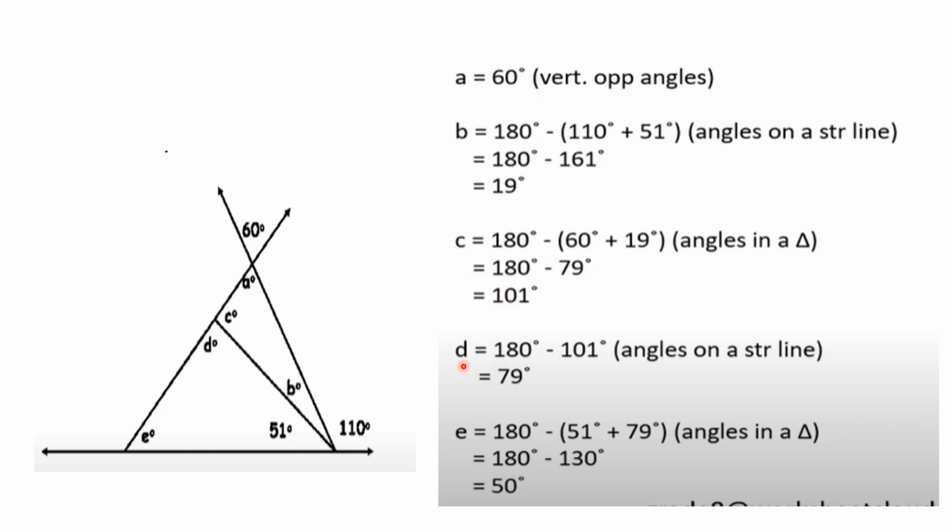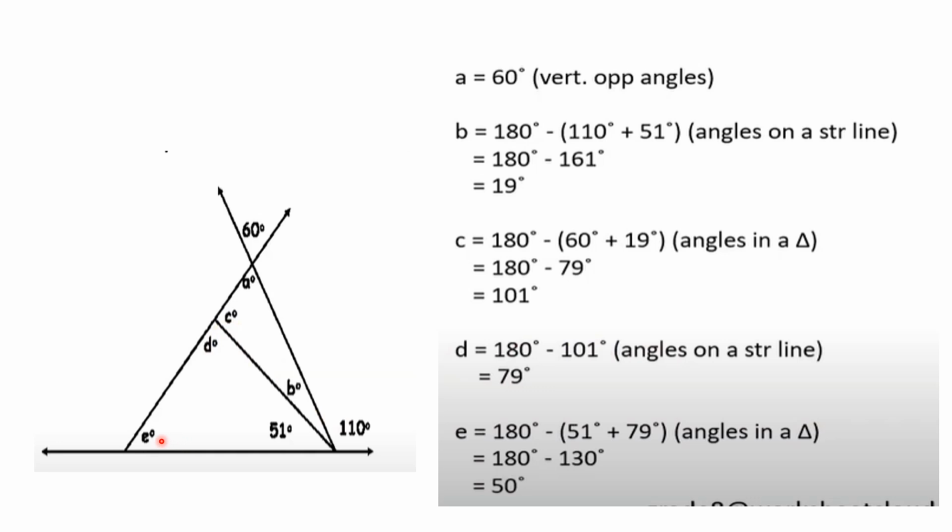Then we go for letter D. Letter D is on a straight line with C. Already we know that letter C is 101 degrees. So for us to find letter D, we're going to subtract 101 from 180. So the difference will be 79 degrees. The reason will be angles on a straight line.